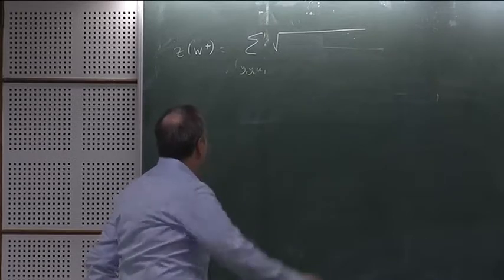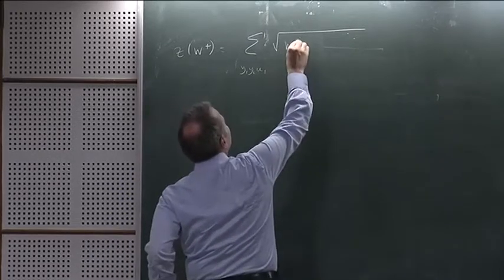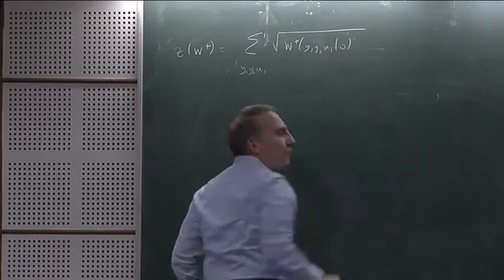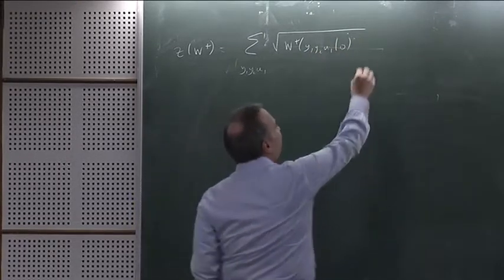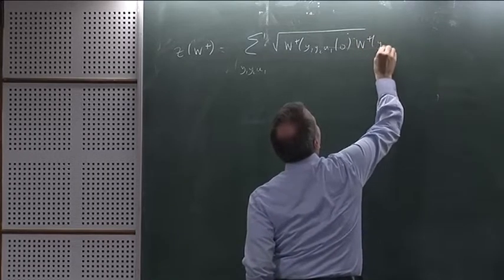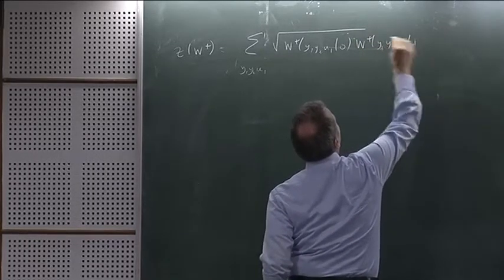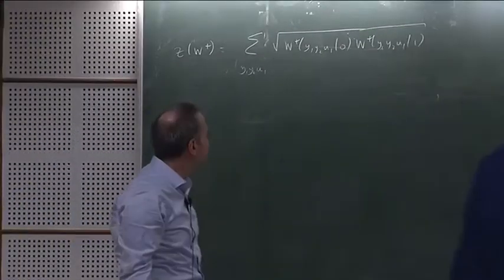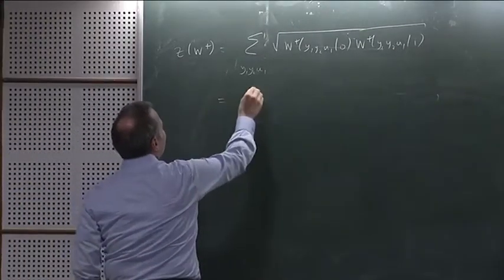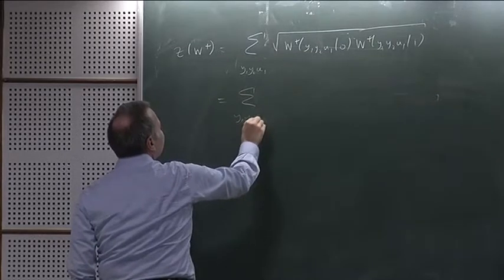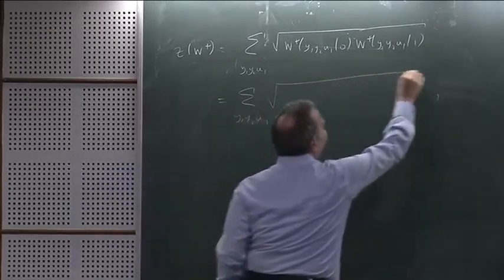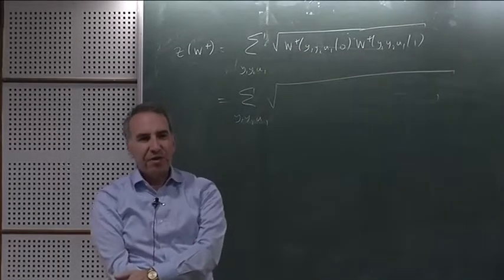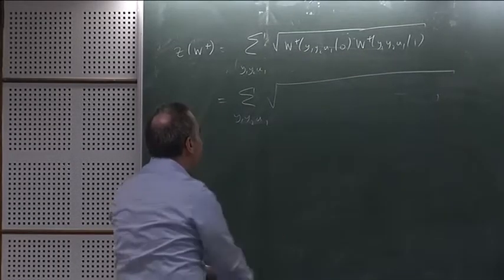I'm supposed to put here the W plus of Y1, Y2, U1, given that U2 is 0, and the W plus of Y1, Y2, U1, given that U2 is 1. We know what these things are. We know how to write these W pluses in terms of W itself.